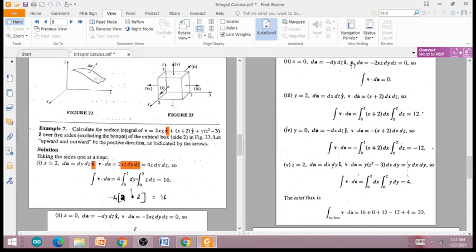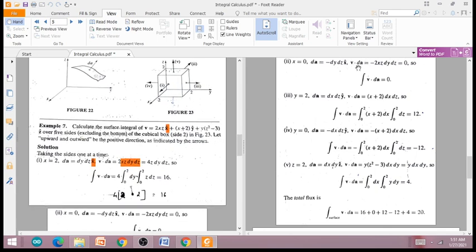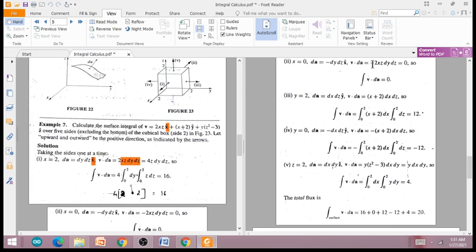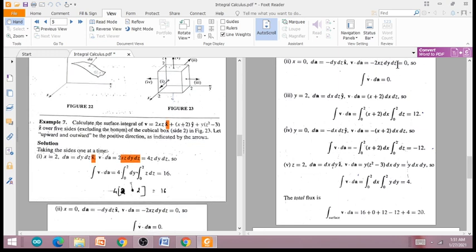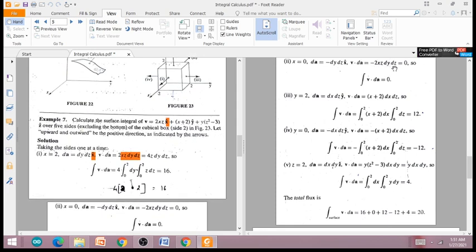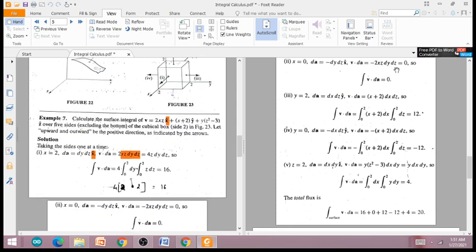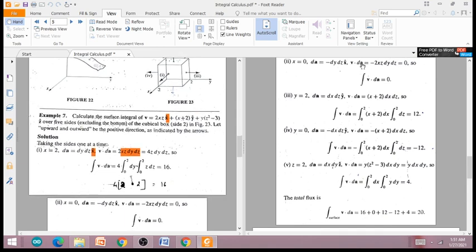So now you can do a dot product of v dot dA, and v dot dA will give me -2xz dy dz. और यहाँ पे तो y कंपोनेंट भी नहीं है और z कंपोनेंट भी नहीं है.